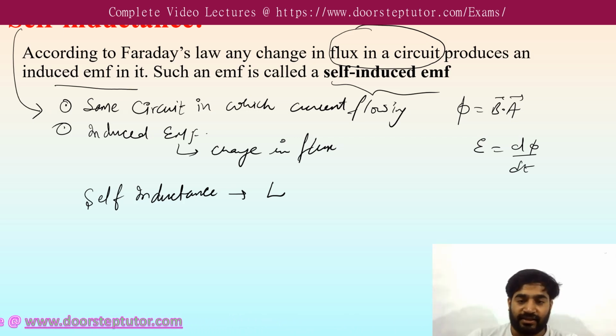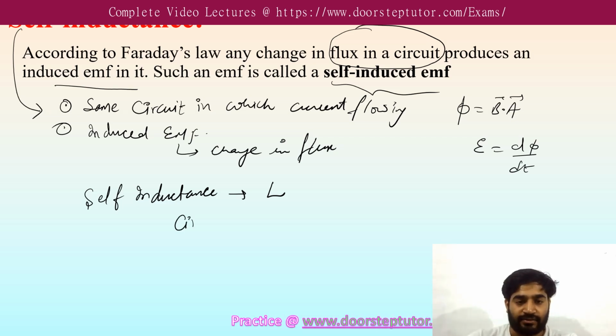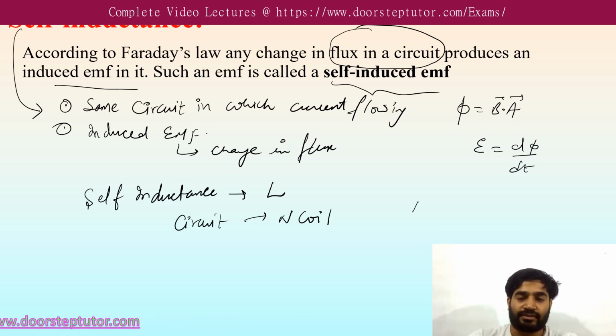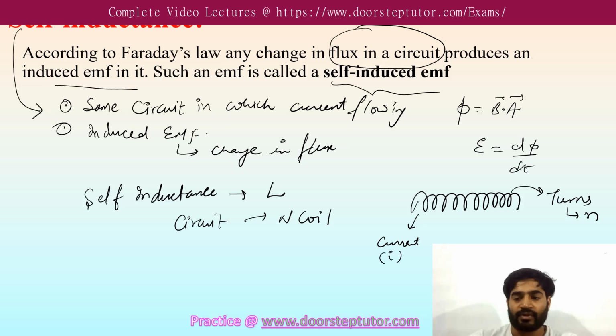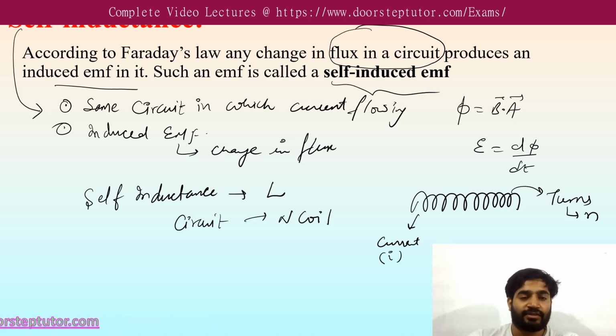There are many definitions of self-inductance. Suppose there is a circuit that has N turns, and in this coil the current is I. Then what is the total flux?